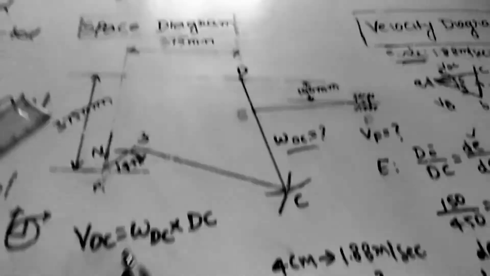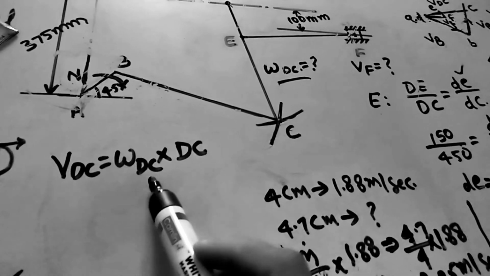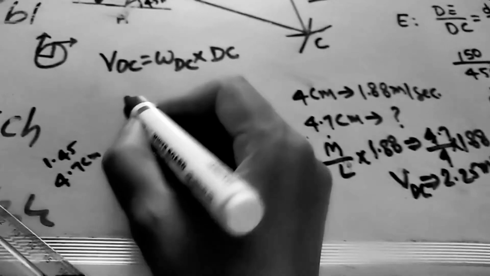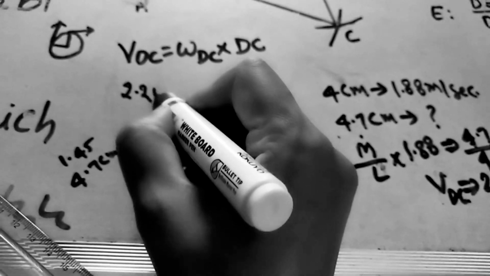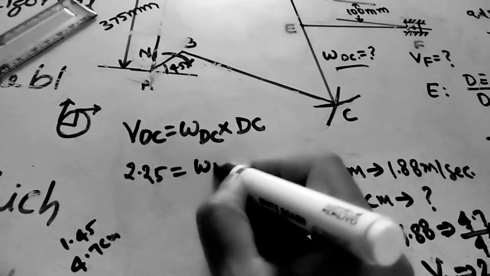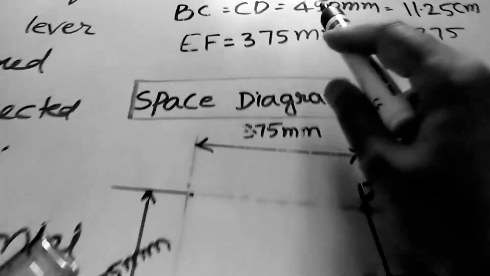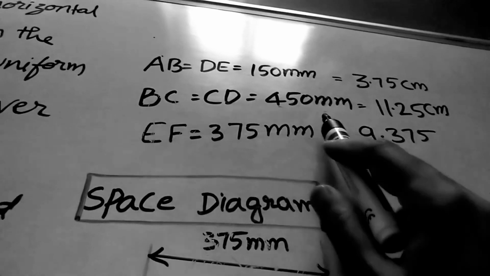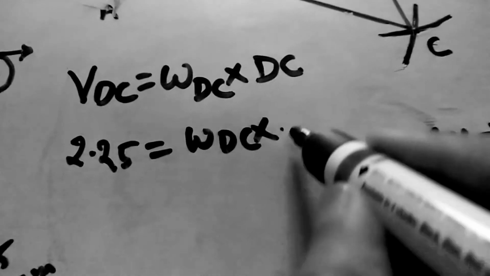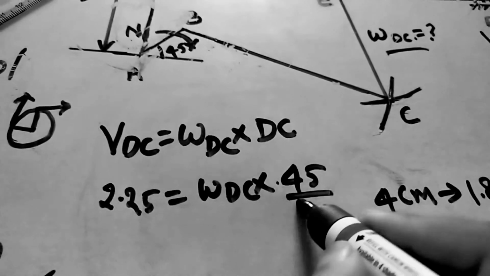For finding the angular velocity, we have one relation, VDC is equal to omega DC into DC length. So here VDC just now we did 2.25 is equal to, we need to find this value omega DC. What is DC length or CD length? 450 mm means 45 centimeters. 45 by 100 means in meters. Okay, 45 by 100.